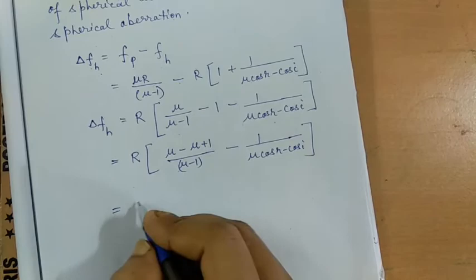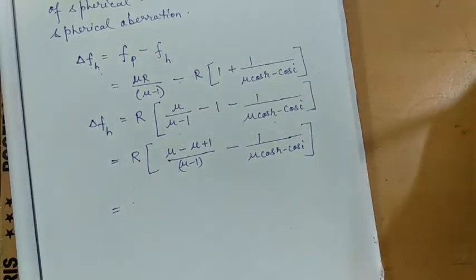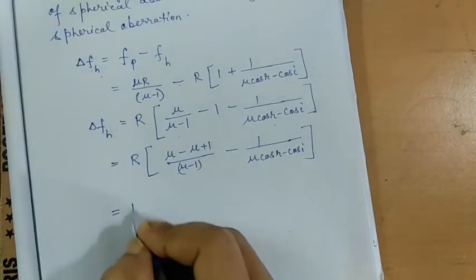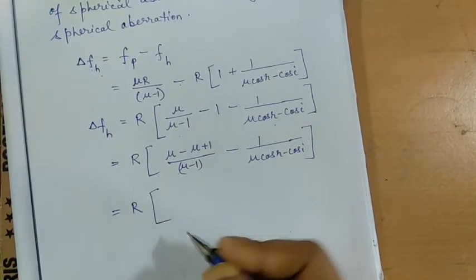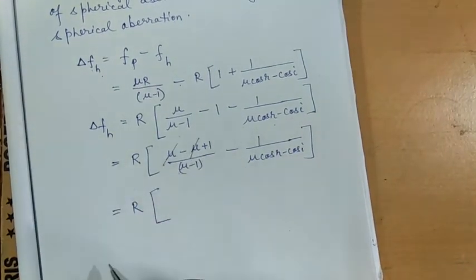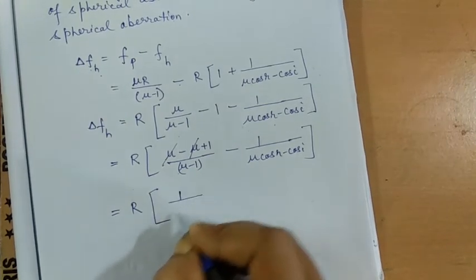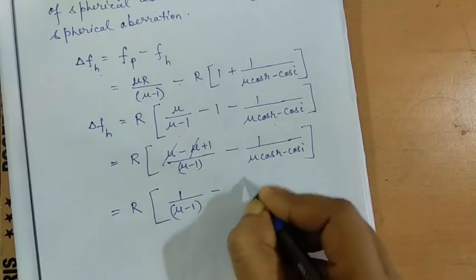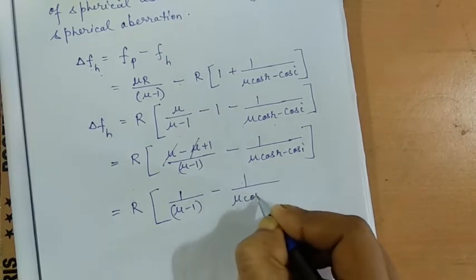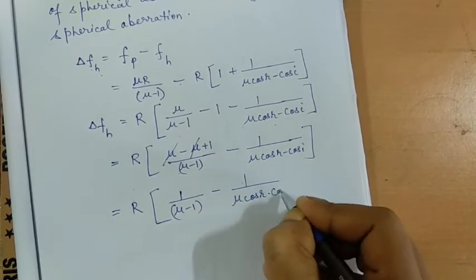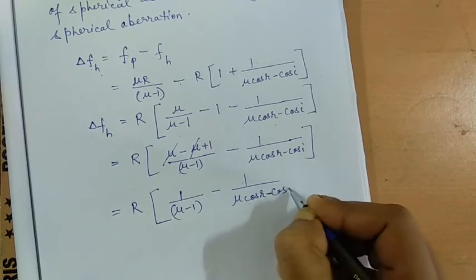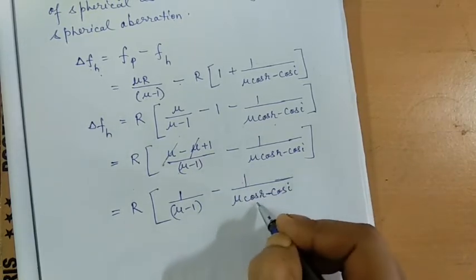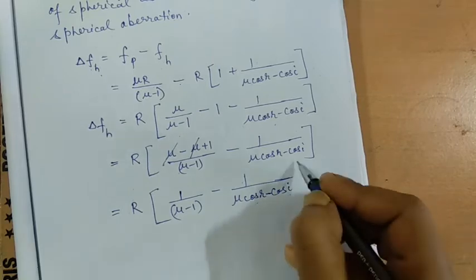This equals r. You can cancel these two terms. So here you get the term as 1 by mu minus 1 minus 1 by mu cos r into minus sin i cos i, 1 by mu cos r minus cos i.